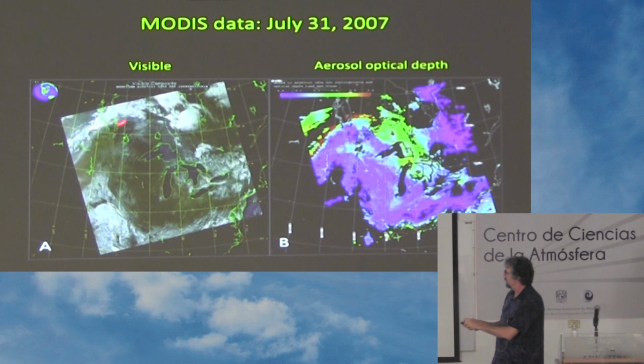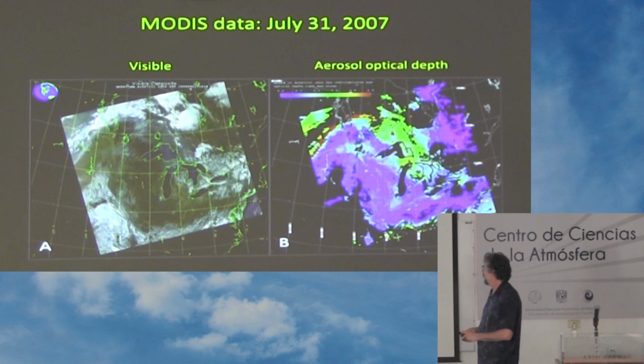You can see the forest fire plume here, okay, and also here. These are where the fires are. The winds are moving the plume over here. So you can see the higher values of optical depth here. Okay, so this is the product.